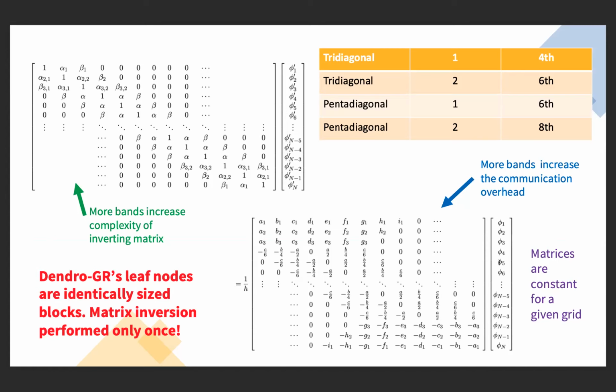Once I calculate it, I invert the matrix on the left and multiply it by the matrix on the right. I do that once. I save the value. Every time I need a derivative from that point on, I simply do a matrix-vector multiplication, which is very reasonably fast. So that is one thing that I've been playing around with.